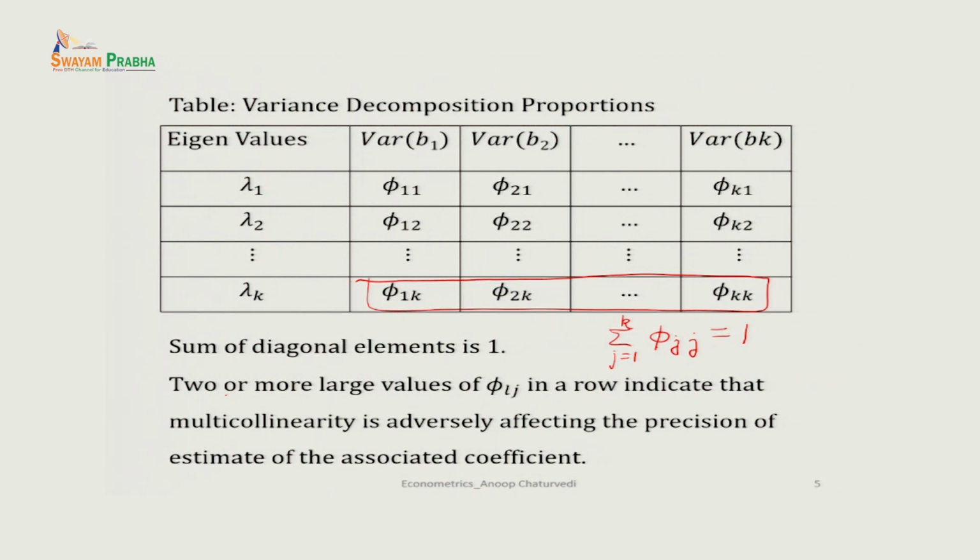Now, suppose you have 2 or more large values of phi L j in this row, then this indicates that multicollinearity is adversely affecting the precision of estimate because of this eigenvalue.